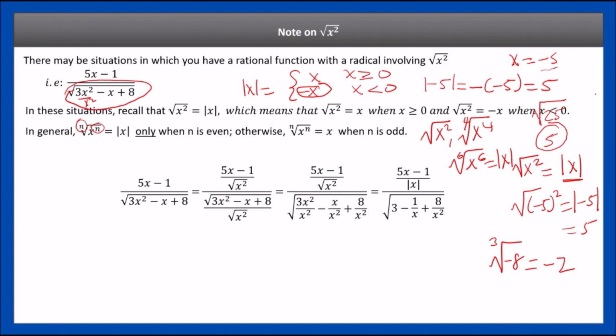So when we divide by x squared inside the square root, we're really dividing by the square root of x squared. This is why in this example, we write it out separately as the square root of x squared.